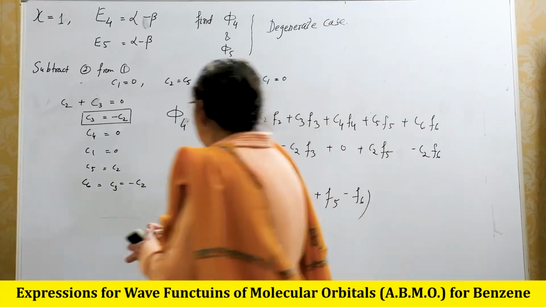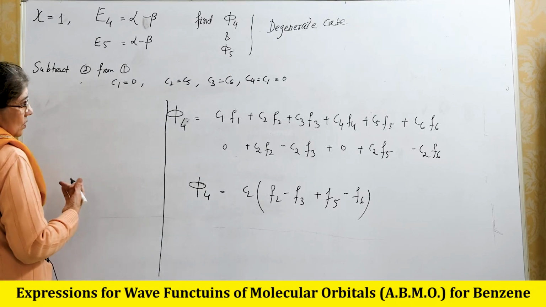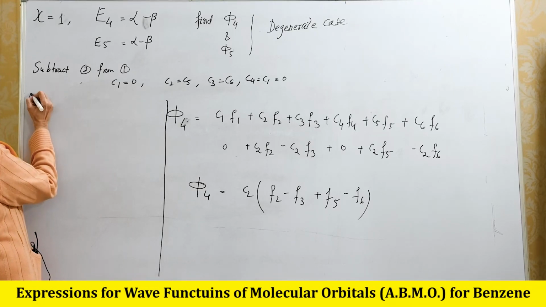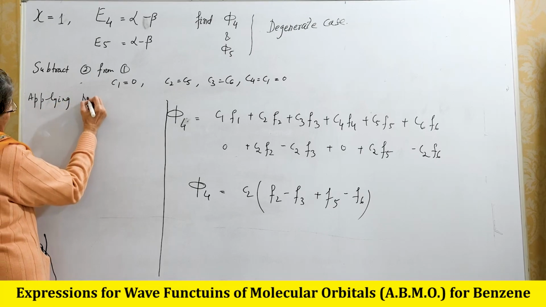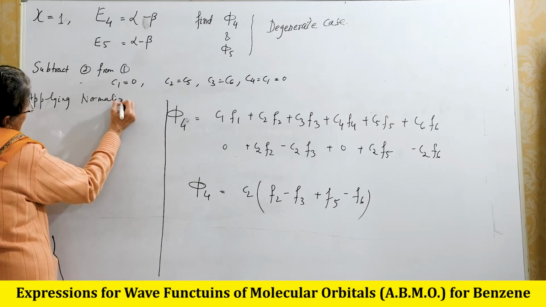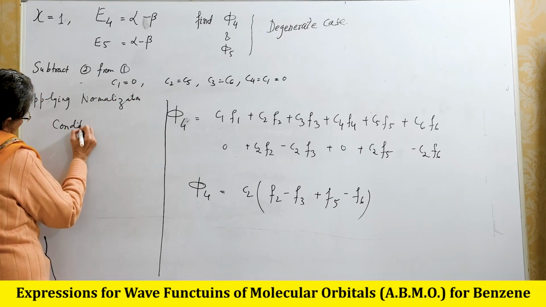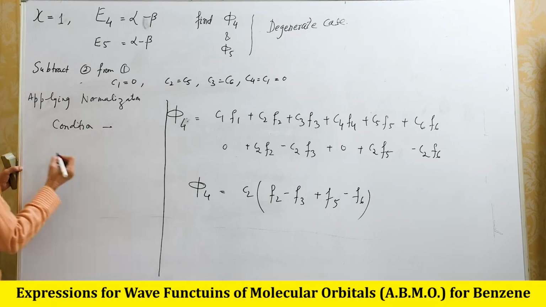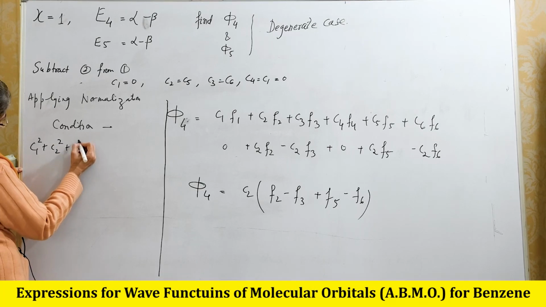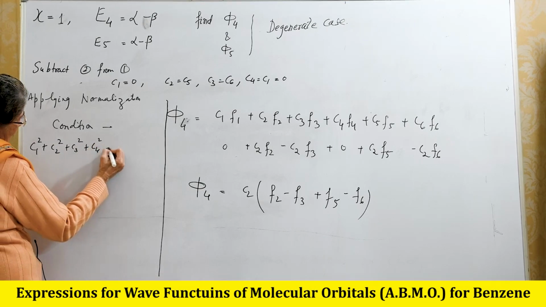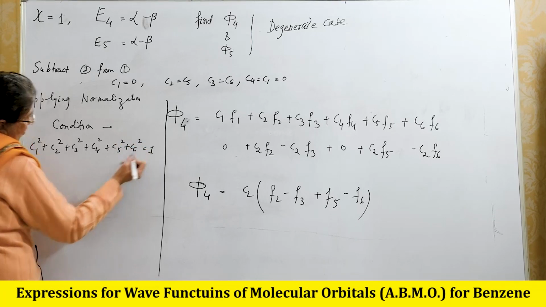Now we can evaluate the value of C2 by applying the normalization condition: C1 square plus C2 square plus C3 square plus C4 square plus C5 square plus C6 square is equal to 1.